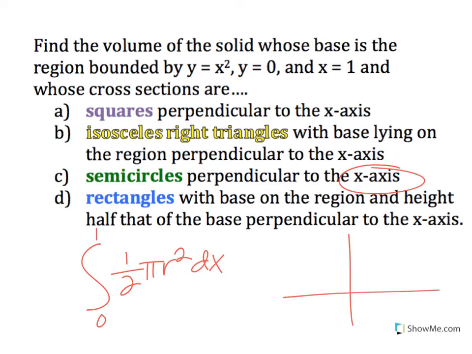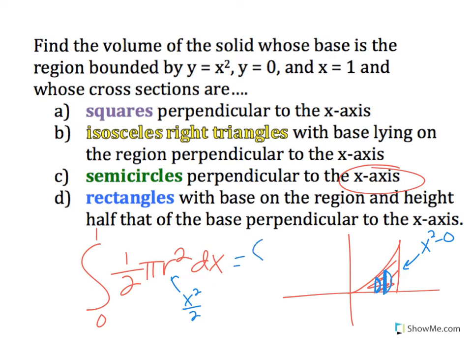If I sketch that region again, the diameter of the semicircle sticking out at you is that whole entire distance, so the radius is half of that distance. In this case, the diameter would be x squared minus 0, so the radius itself would be x squared divided by 2, because it's going to be half that distance. So this is the one where you've got to be slightly careful.